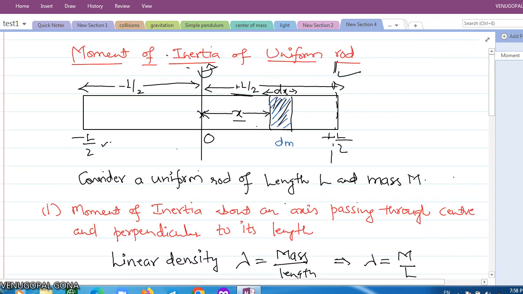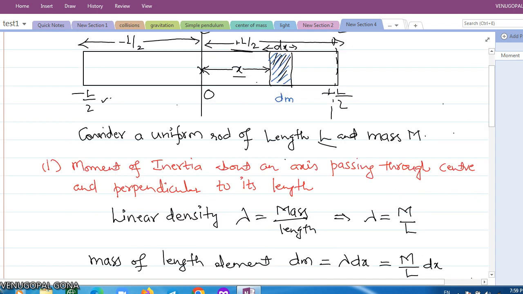We considered a uniform rod of length L and mass m, and our aim was to find the moment of inertia about an axis passing through the center and perpendicular to its length. For that, first we defined a linear density, lambda equal to mass by length, that is lambda equal to m by L. For continuous distribution bodies, normally we take the help of integration.